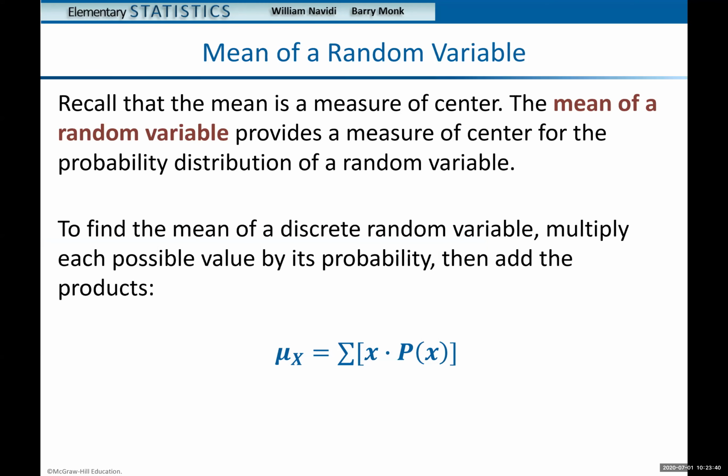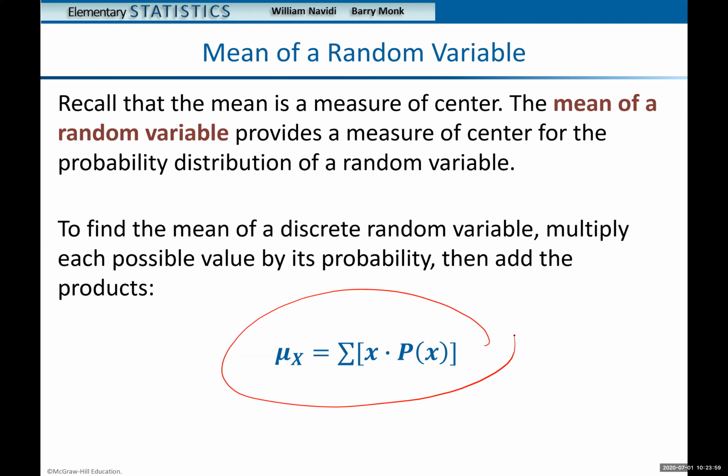All right, so how do we compute the mean of a random variable? We have a formula here, so copy this. It provides us the measure of center for the probability distribution of a random variable.